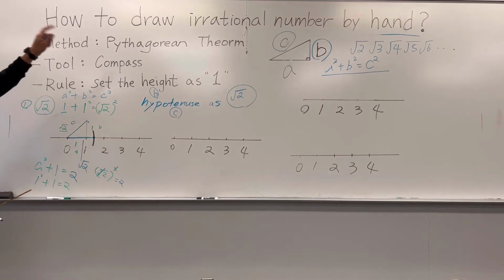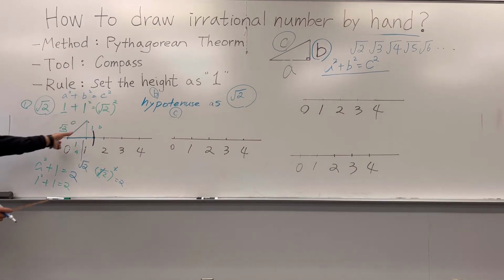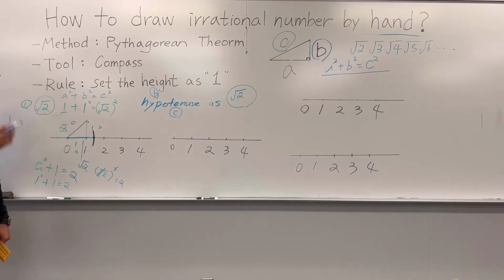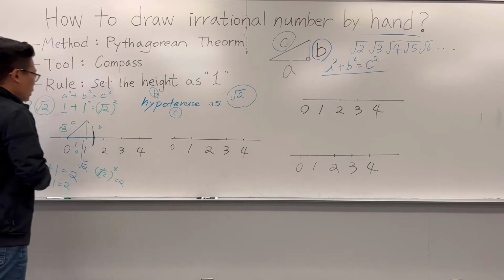Okay, that's how you draw an irrational number by hand. I got a line on this number line, and that line has length square root of 2. Okay, cool. So next example.